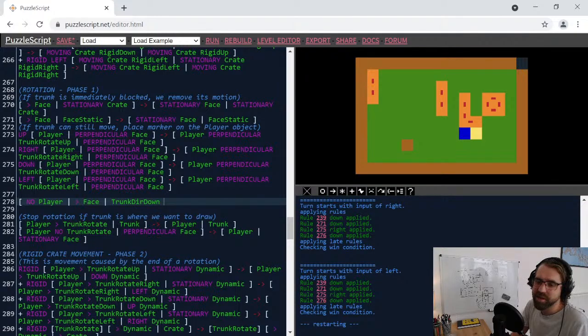Difficult parts. How difficult is it actually? Trunk rotate. What does the trunk rotate specify? The direction of the face it is. The current direction of the face.